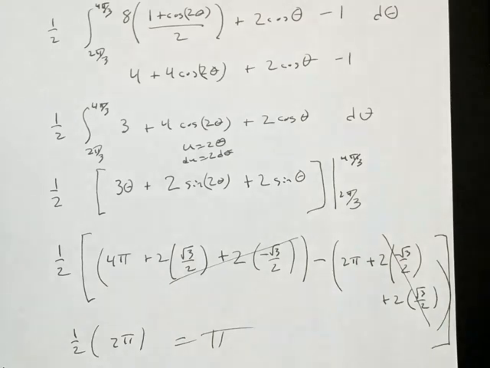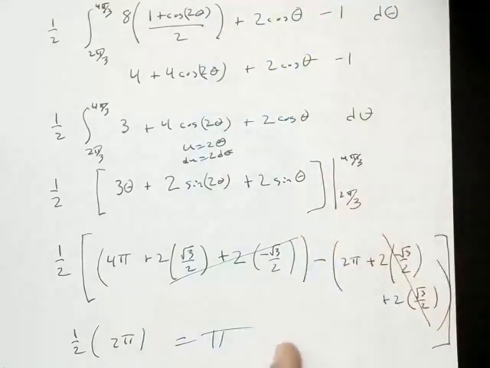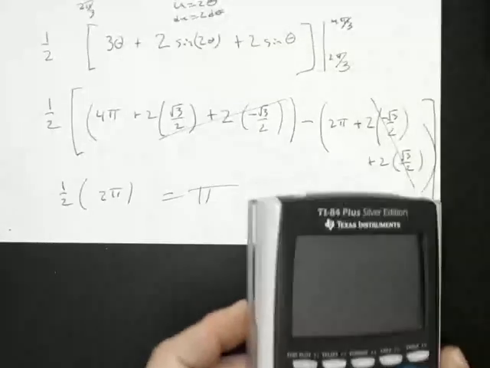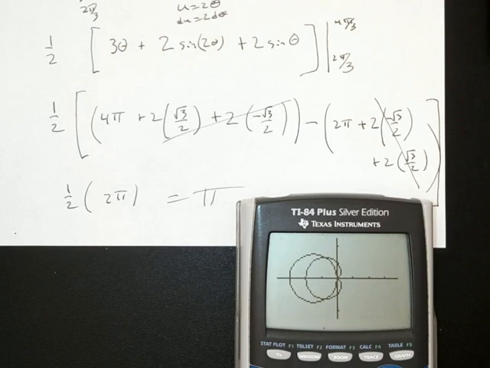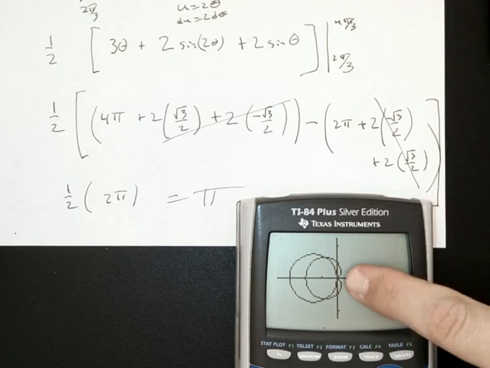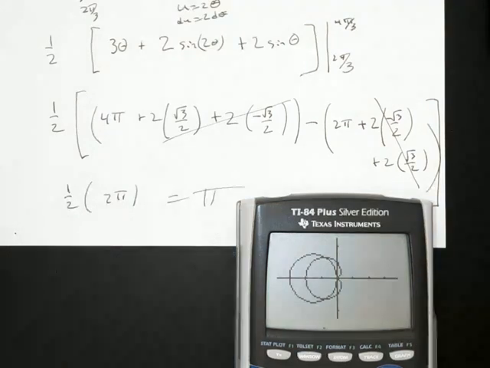Please note, in the picture that goes with this graph, how many times do those curves cross? They both go through the origin, don't they?